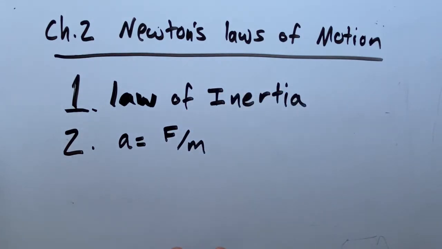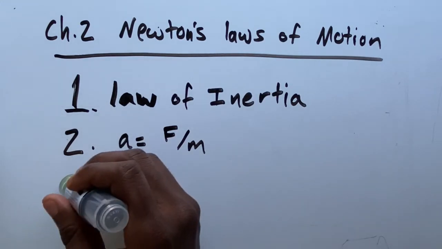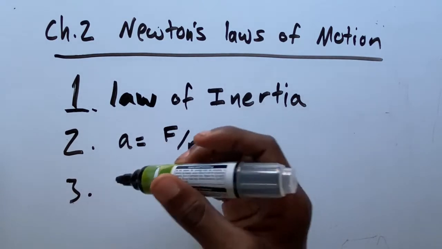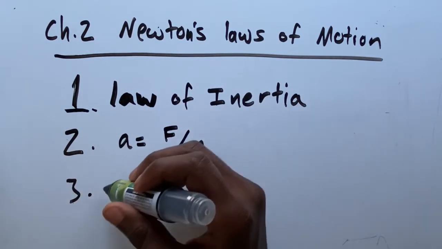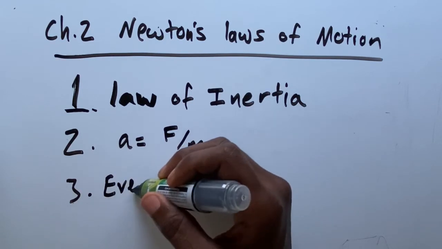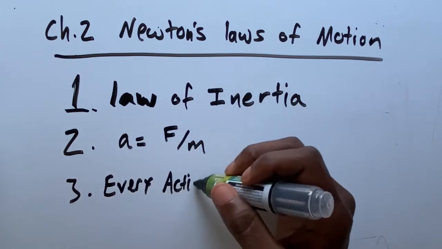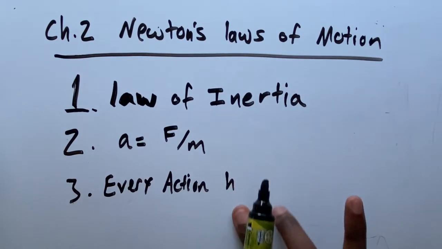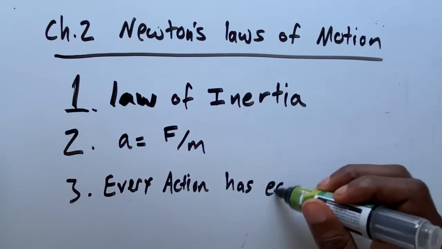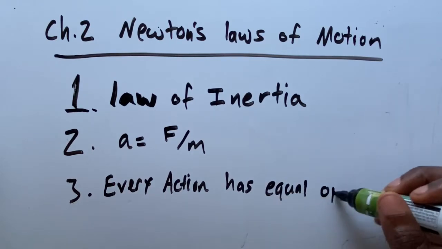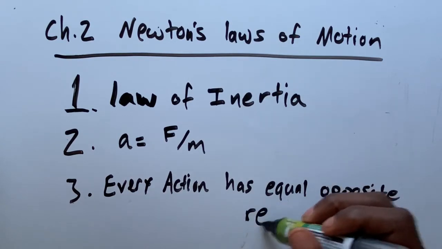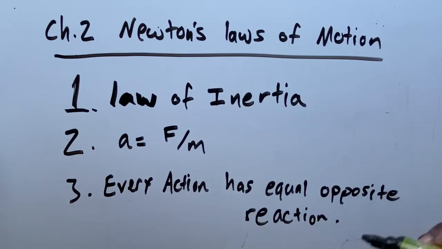Let's write it like that. And the third law is every action has an equal opposite reaction. You might have heard that one before. Every action has an equal opposite reaction. Boom. So those are Newton's 3 laws of motion.